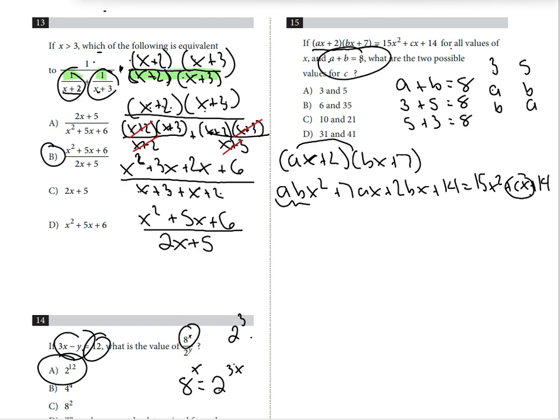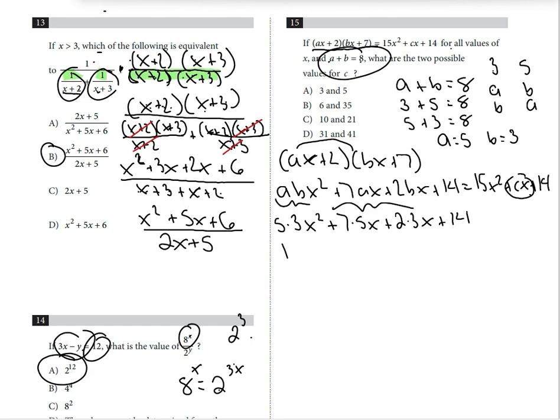All right. So let's start with a is 5 and b is 3. Okay. So a is 5. I'm going to have 5x plus 2 times 3x plus 7, which gives 15x squared plus 35x plus 6x plus 14. I want to find c. C is this middle value.